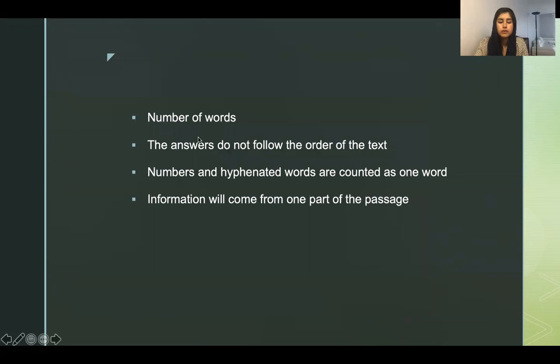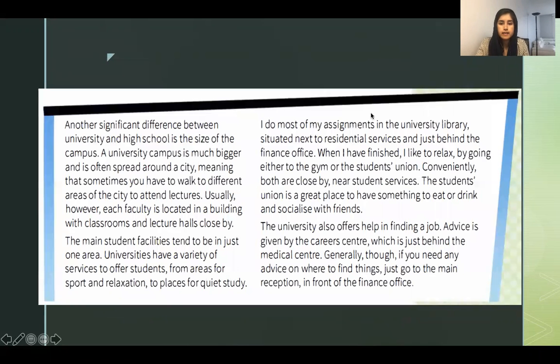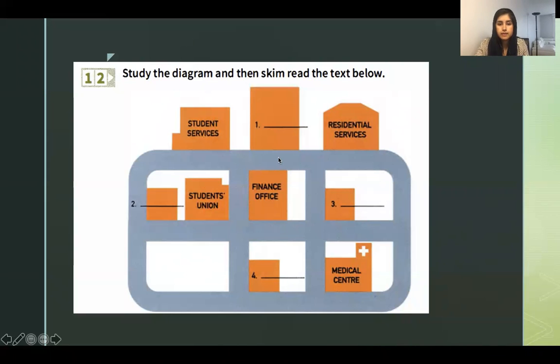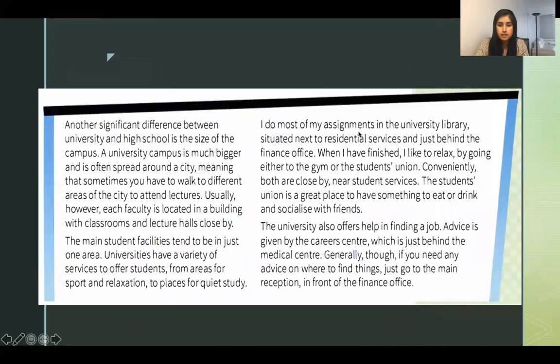Okay, so then the text says, and just behind the finance office, let's see if it is that. Yes, it's behind the finance office and beside residential services. So that's the university library.